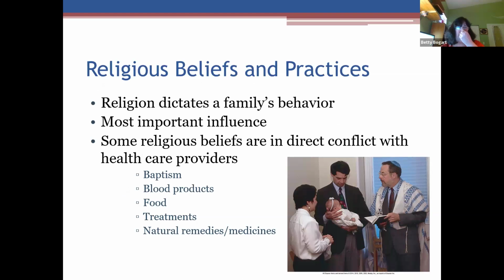Now, religious beliefs: giving the opportunity for sick babies or sick children to get baptized, whatever religion they are. Do you want your person to come, or do you want us to call ours? We always had at the hospital a variety of rabbis, ministers, and pastors who would come in at all different times. Well, what about Jehovah's Witnesses and blood products?